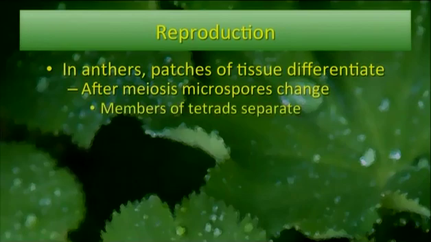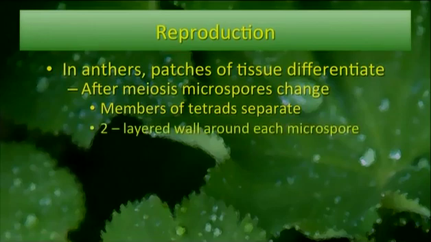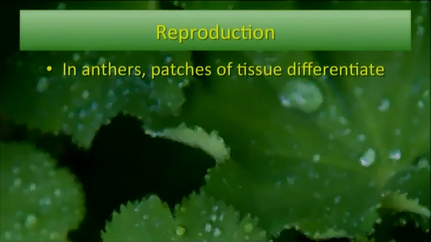Then the members of the tetrads, and sometimes you can see this when you're looking at a cross-section of a lily anther, after the microspores change, which can take between 1 day and a couple of weeks, the members of the tetrads separate. Then you have a 2-layered wall developing around each microspore, and these become pollen grains.